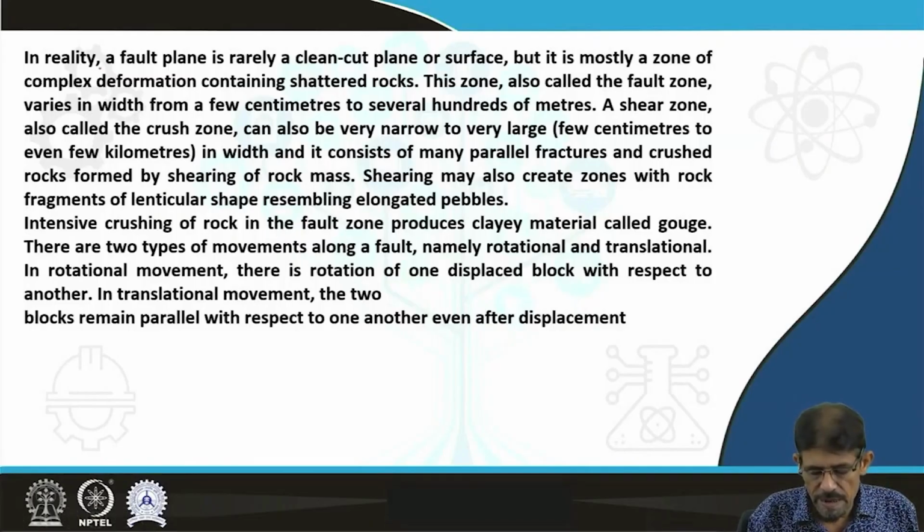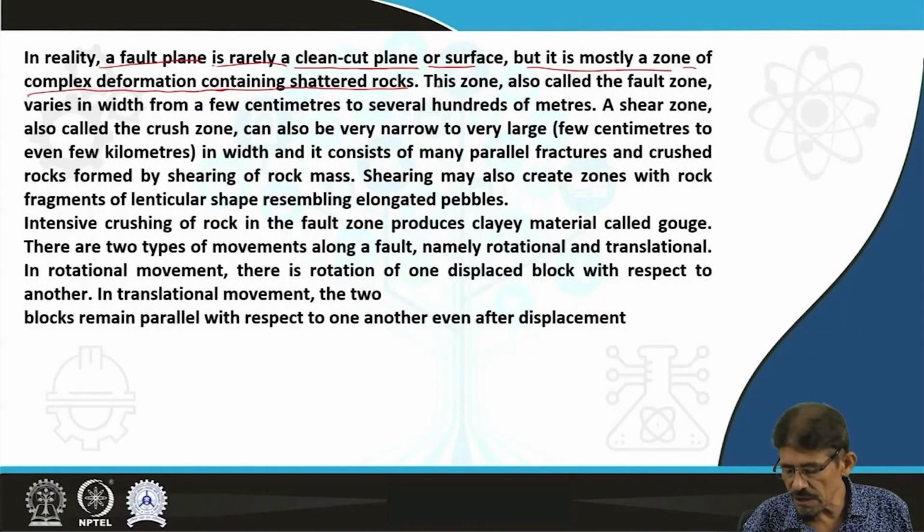In reality, a fault plane is rarely a clean-cut surface, but mostly a zone of complex deformation containing shattered rock, and this is recognized as a fault zone. Faults can range in dimension from some kilometers down to centimeters and meters.